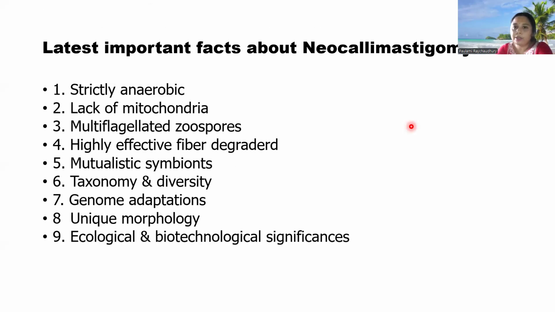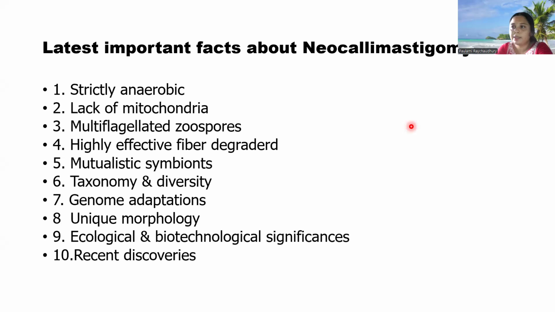Ecological and biotechnological significance: studied for biofuel production due to their powerful lignocellulose degradation, potential use in bioreactors, animal nutrition enhancement, and biowaste conversion. Now, what are the recent discoveries? New genera and species isolated from Asian elephants, giraffes, yaks, bison, and hindgut fermenters.